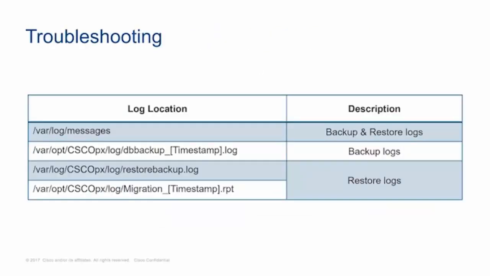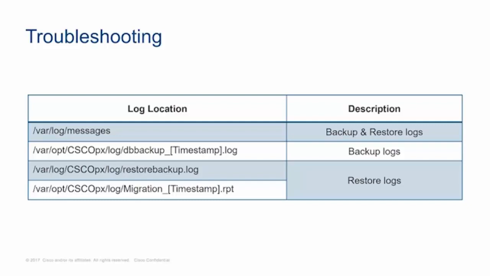So these are certain files where you can look up in case there's an exception or you see there's a backup failure. So the var log message is going to give you all information during a process of a backup and restore, and if there are any exceptions on that, you should be able to see under that.